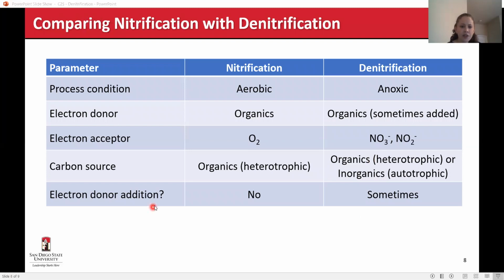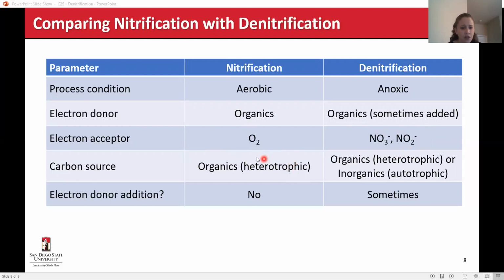All right, just a quick comparison here. With nitrification, we have a process condition that's aerobic, whereas with denitrification, we have an anoxic process, so no oxygen. With nitrification, we have organics, and similarly with denitrification, but sometimes we have to add those. Our electron acceptor is oxygen for nitrification. For denitrification, our electron acceptor is nitrate.